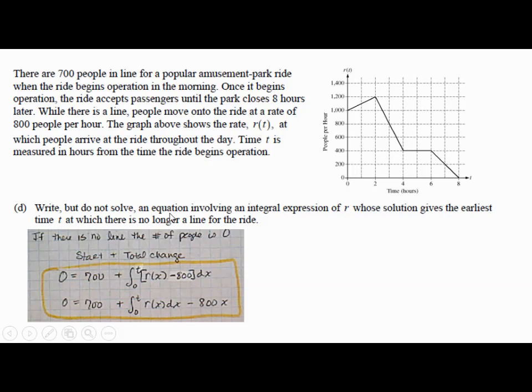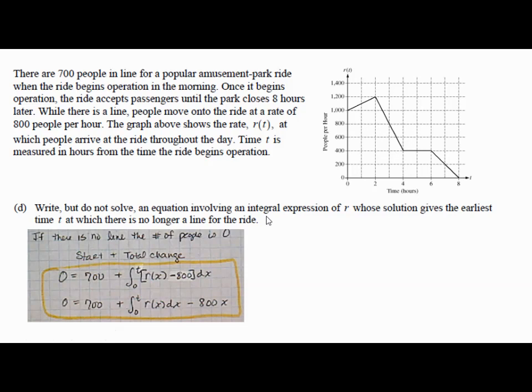You need an equation, so you need an equal sign and you need something on both sides of your equal sign. You need an integral expression of r whose solution gives the earliest time at which there is no longer a line for the ride. So basically, you have to solve for t, so t is your variable.